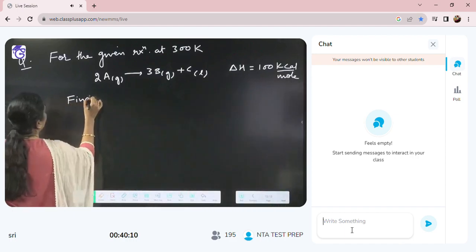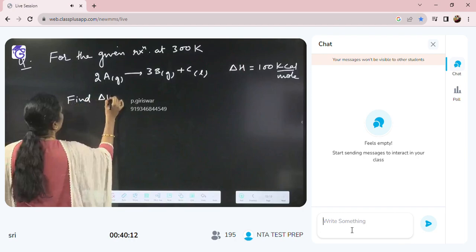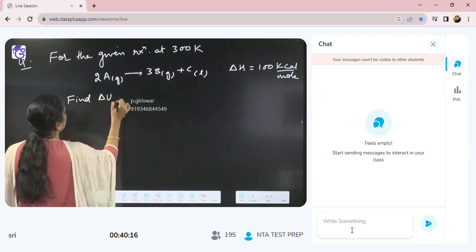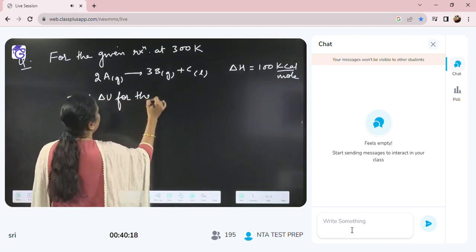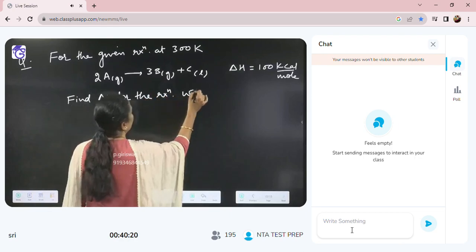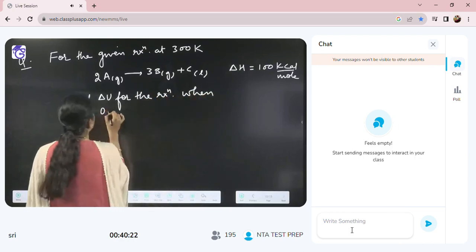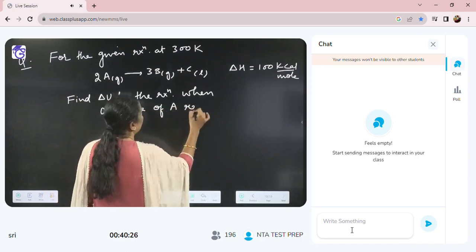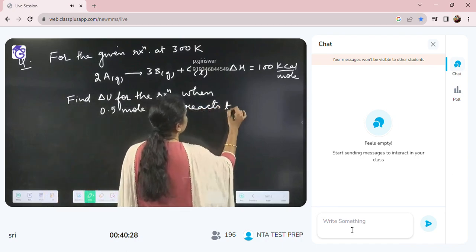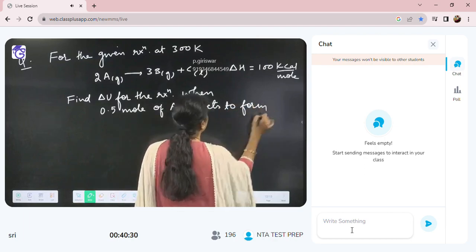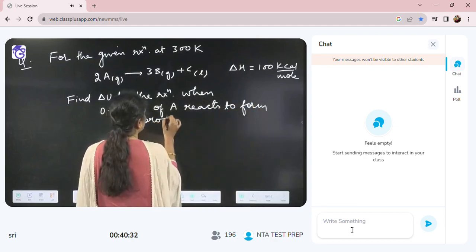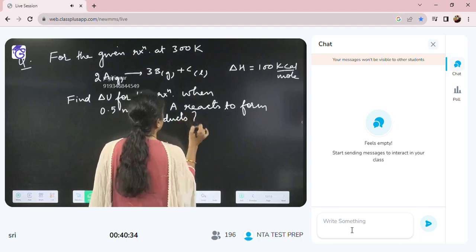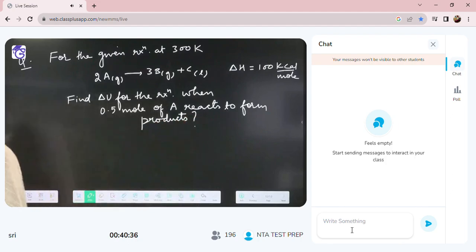Find delta U for the reaction when 0.5 mole of A reacts to form products. Calculate this quickly, all of you. Yes, Gautami, correct, beta.